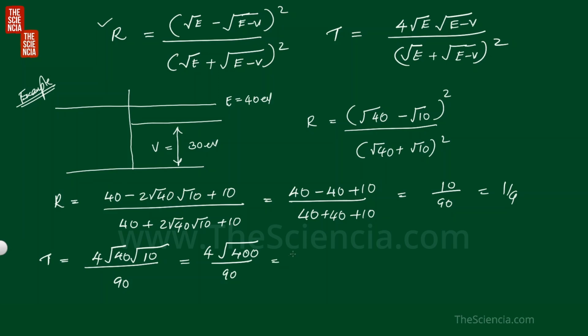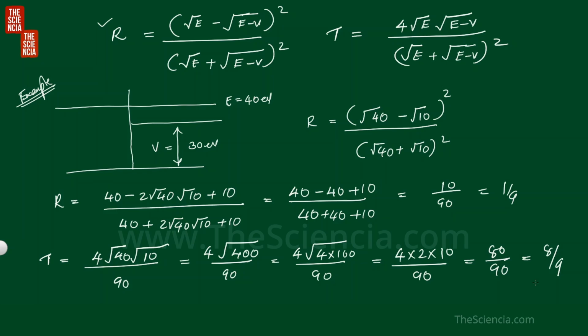We can write 4 into root of 4 into 100 by 90, and we can easily find the root of 400. That is 4 into 2 into 10 by 90, that is 80 by 90, equal to 8 by 9. So this is the transmission coefficient.